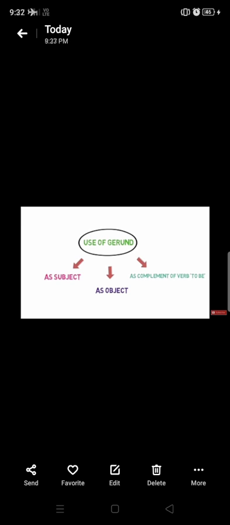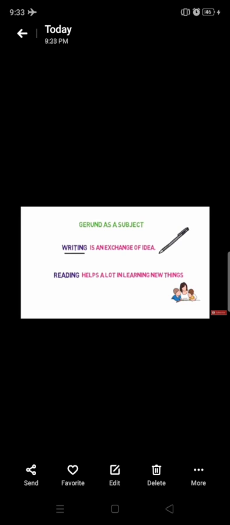The forms of be are am, was, were, right? So remember these three uses of gerund, that is gerund can be used as a subject, as object, or as complement of verb to be. We would be doing the examples so you would be understanding it better.